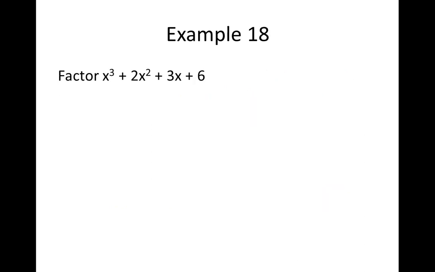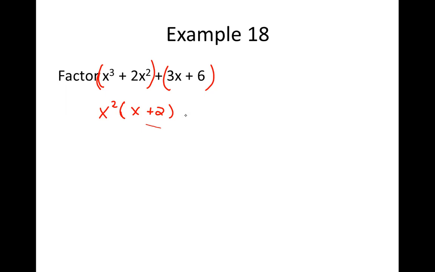How about this one? x cubed plus 2x squared plus 3x plus 6. Now we have to create the groups ourselves, like the very first example. So just put our parentheses around, and sometimes you've got to rearrange the terms to group them to where you can pull out what you need to pull out. So what can I pull out of this first group? Good, x squared, and what am I left with? x plus 2.